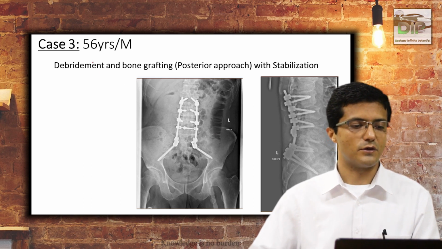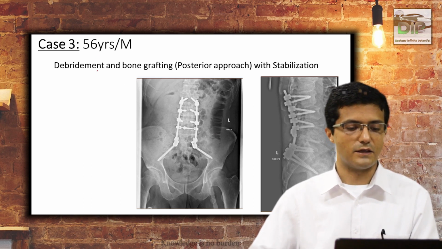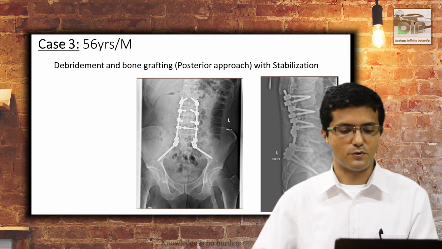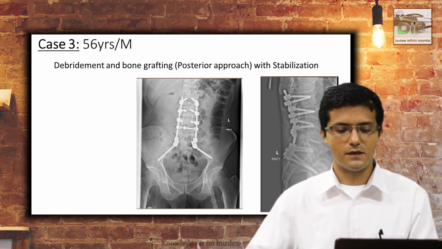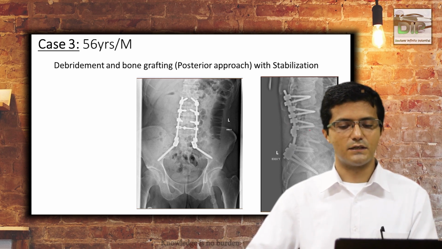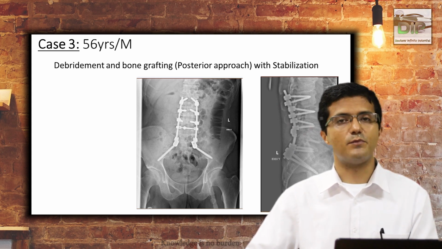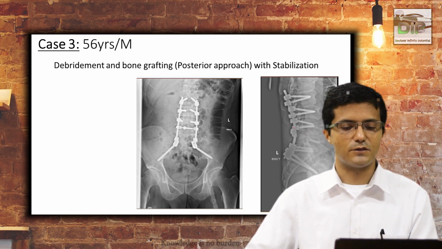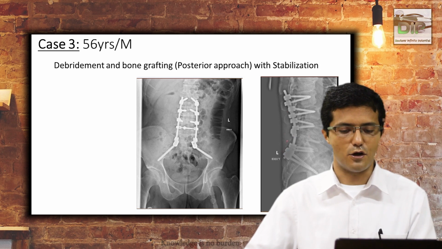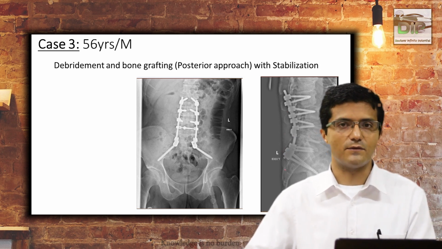Whereas for the patient with the infective pathology, there was a bone defect anteriorly because of the infection, as well as a problem with stability and some compression of the nerve roots. So in this case, we did a thorough debridement of the disease and stabilized with a long posterior instrumentation to give stability to the spine.